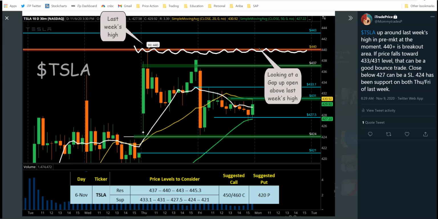We were trading earlier in the morning pre-market right around 440. So I wanted ideally the price to drop towards this support level, this 431, all the way there to start buying.